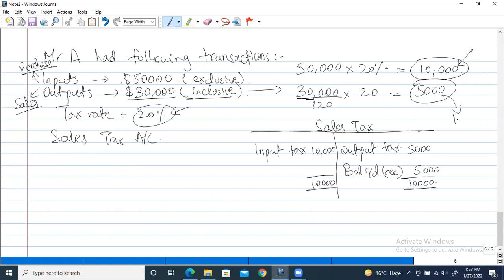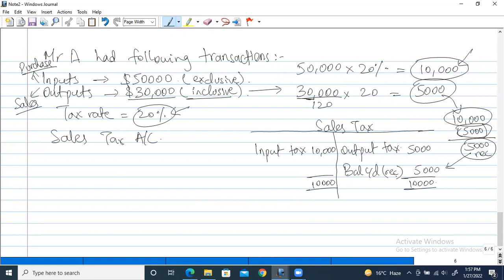If we net them off, minus 5,000, what answer do we get? 5,000, and this amount is receivable, because out of 10,000 receivable, we are paying 5,000, so still we get 5,000 receivable. So this is the interpretation and the meaning for this.